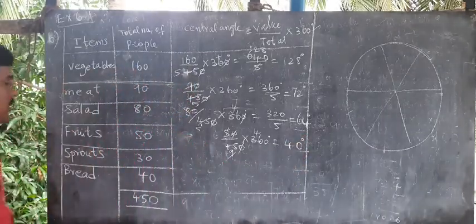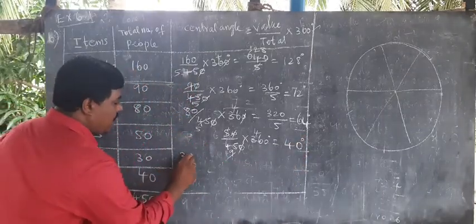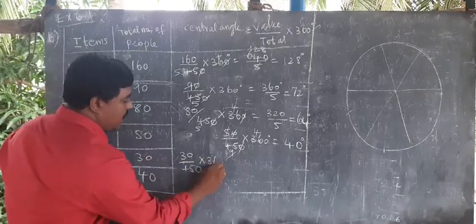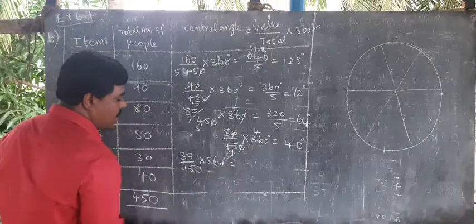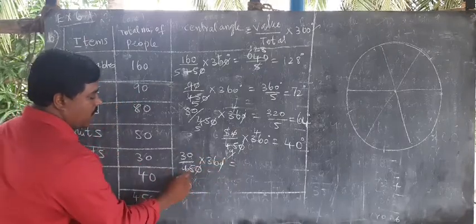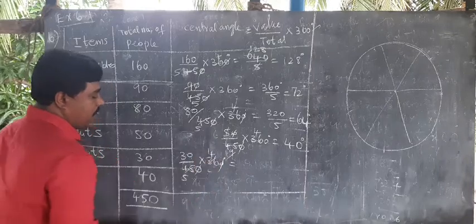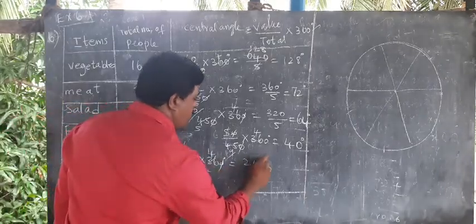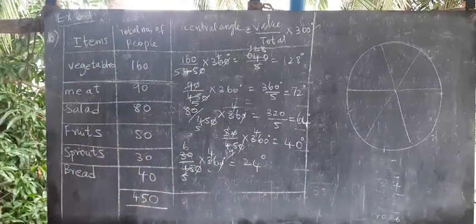30 by 450 into 360 degree. 0, 0 will be cancelled. 9 5 times, 9 4 times, 5 6 times. 6 into 4 is 24 degree as the answer.